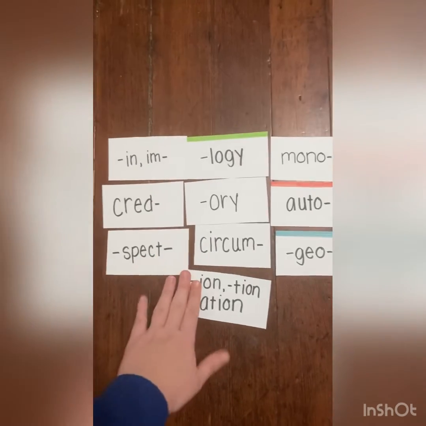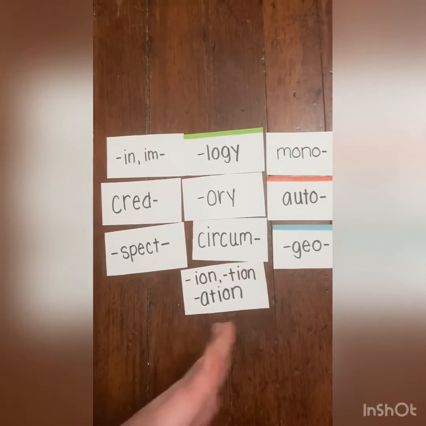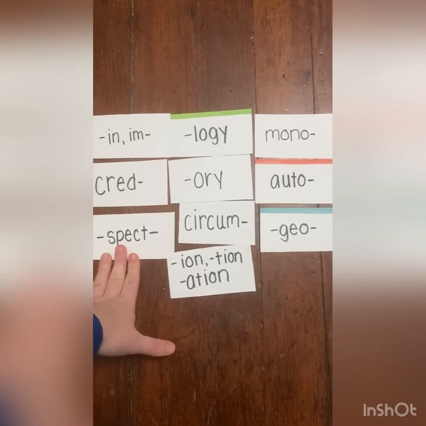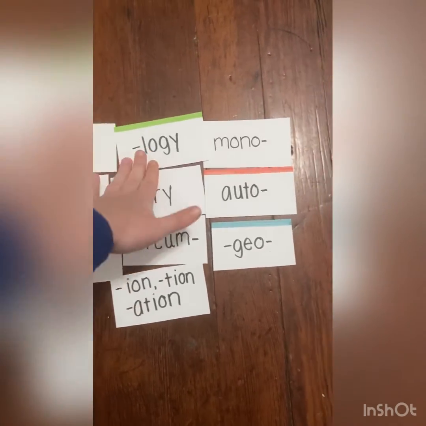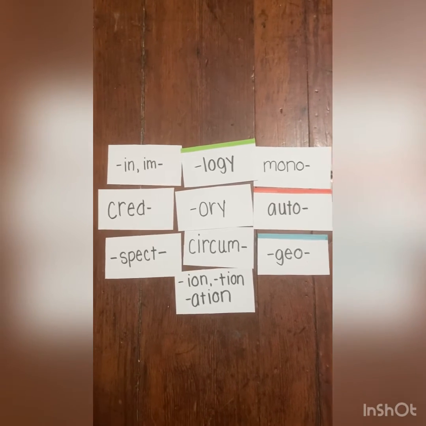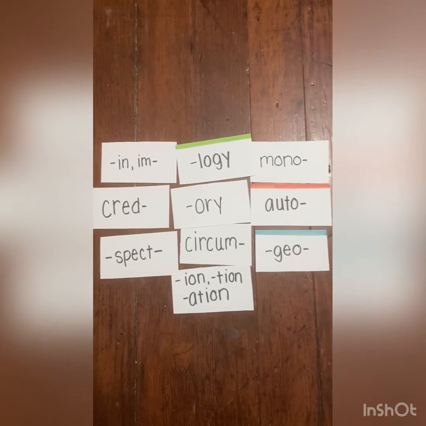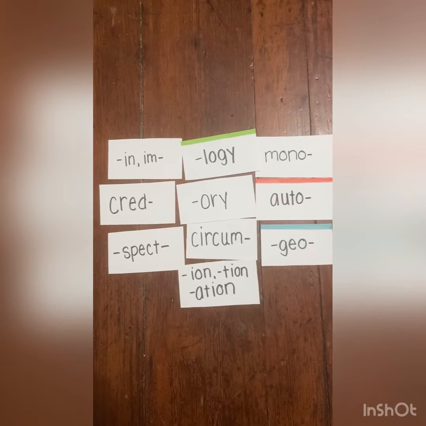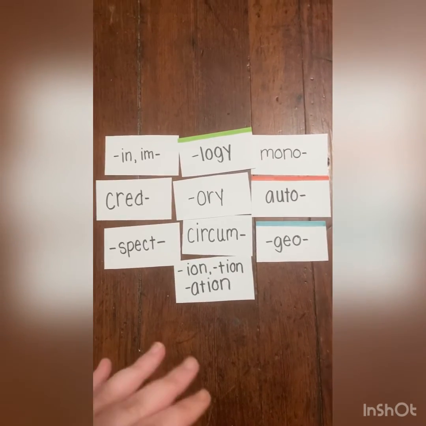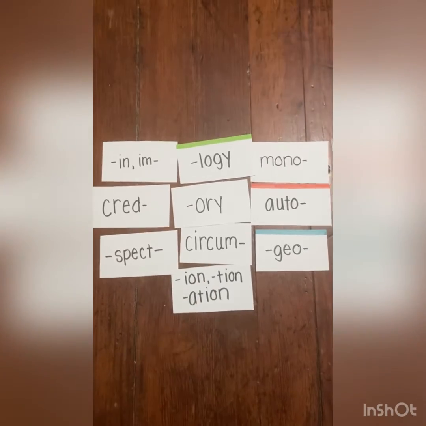So each group will receive a deck of cards with prefixes, suffixes, base words, root words, and then they will use these word cards to make words. And again, by make, I mean already existing words that would be found in the dictionaries, just standard words. Once that is done, they will create their own original word.